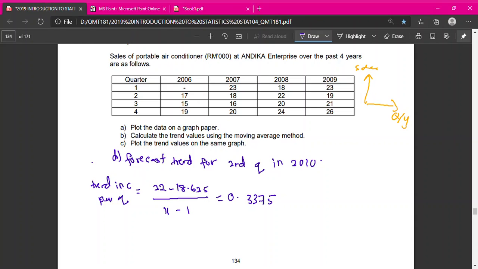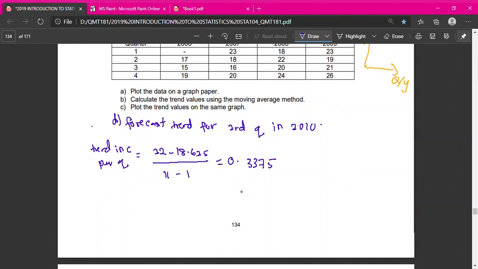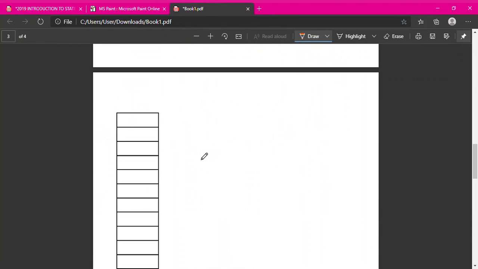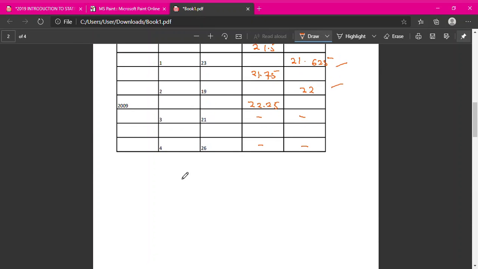Okay, that is only the trend increase. We wanted to forecast the trend. Trend forecast for the second quarter of 2010. So it will be the last trend, which is 22, plus the increment for the second quarter. If the second quarter, what is its increment? Let's say we put 2010 here.